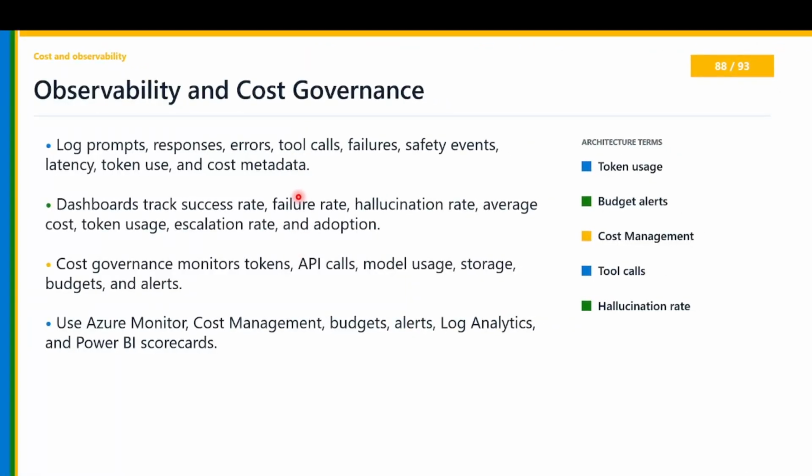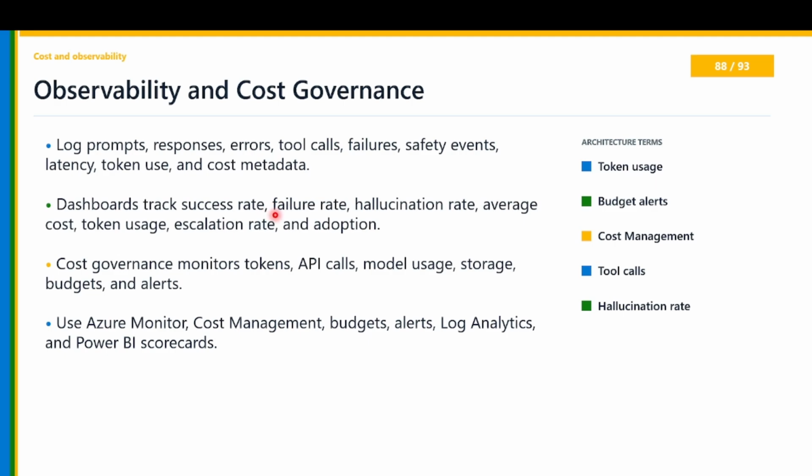All right, the next thing we have here after governance is cost and observability. Remember, observability is always very, very important in software applications as well as in agentic AI applications. It is more important in agentic AI system applications than even traditional software. Though all of them still require monitoring and observability, and it is said that you cannot measure what you don't observe.